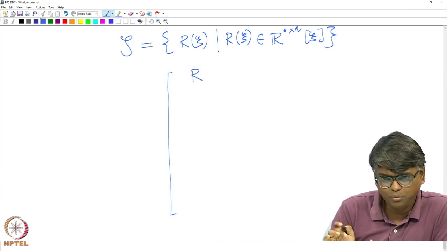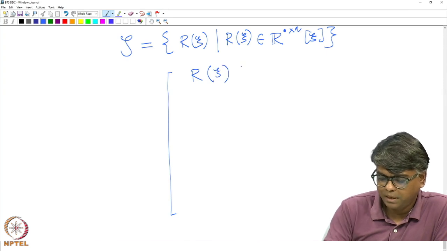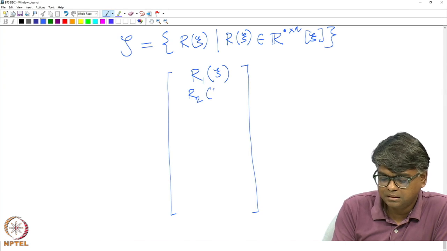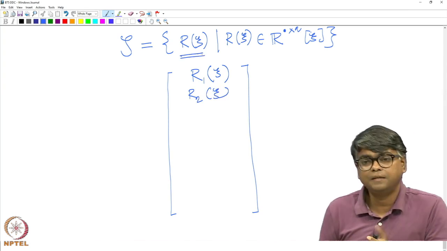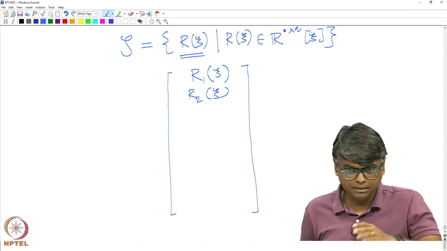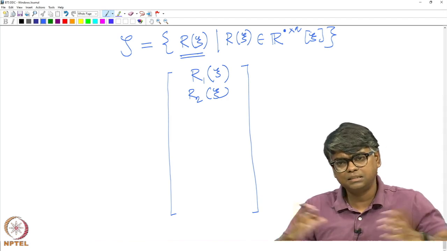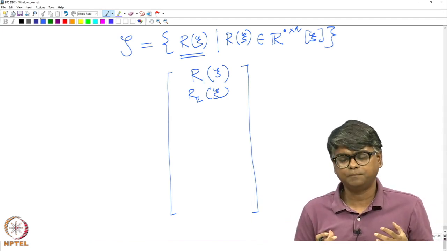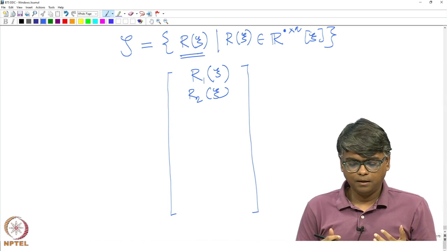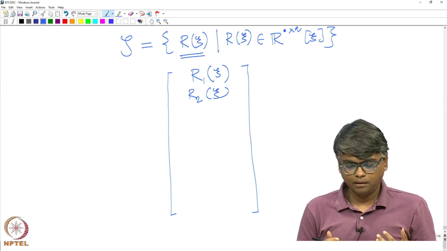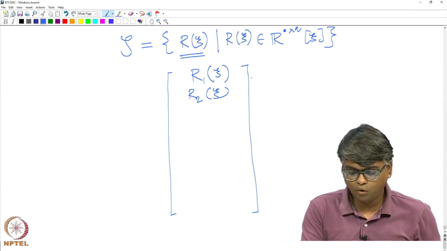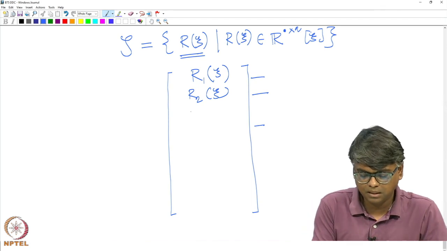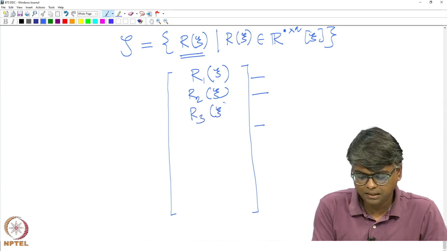I am doing a little bit of abusive notation, because when I write it like this, it appears as if this collection of polynomial matrices is enumerable, but they need not be enumerable. It is just that I am writing all possible equations one after the other, for you to understand it, as if they are enumerable, but in general they need not be.